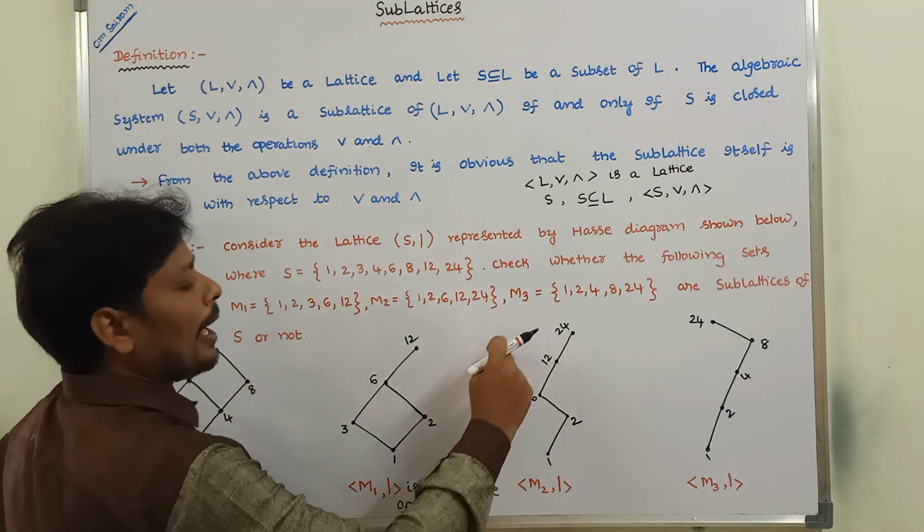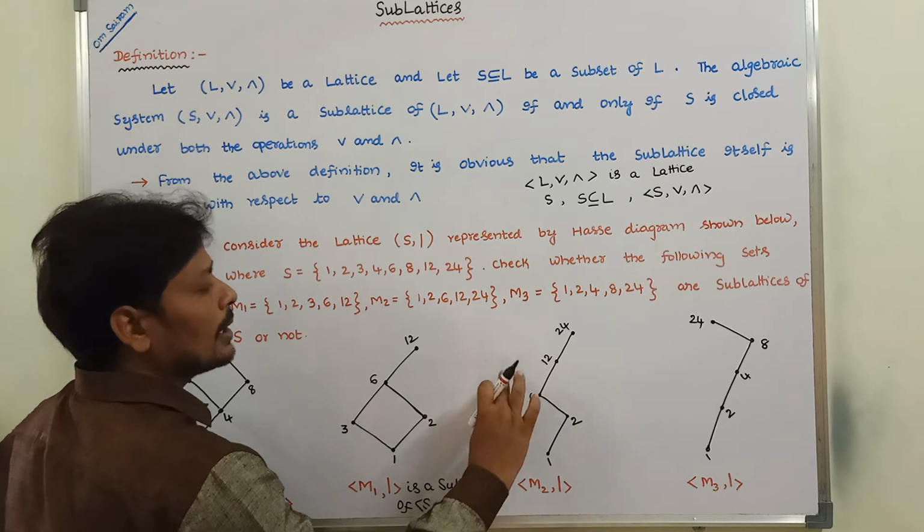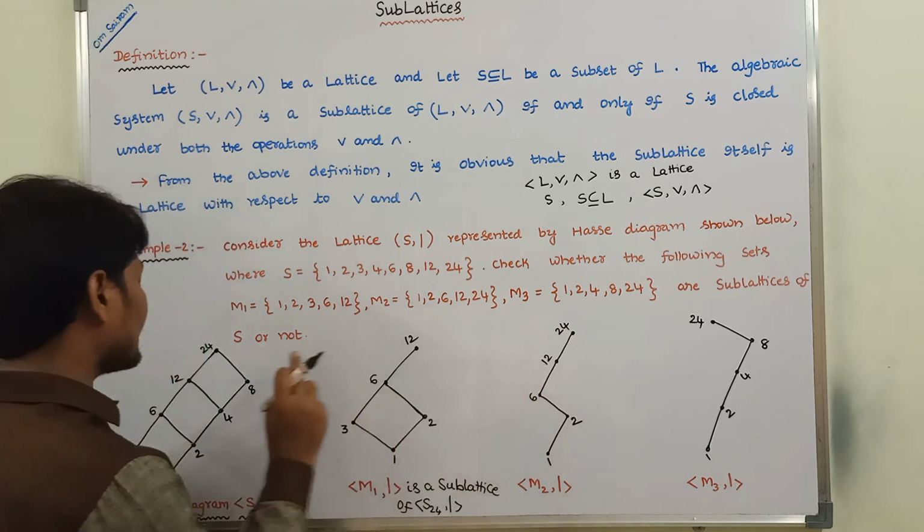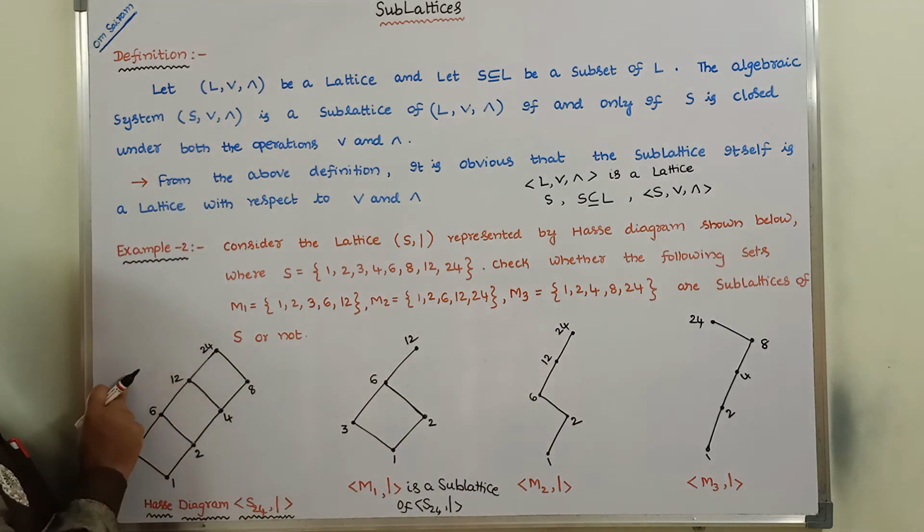Whatever elements are in M2, the same elements can be considered in the main Hasse diagram.